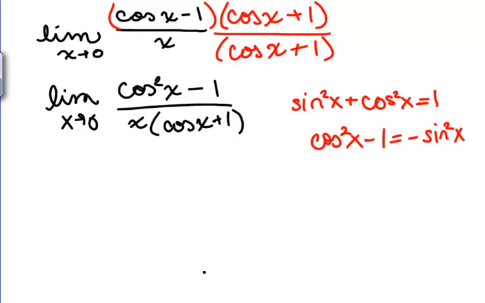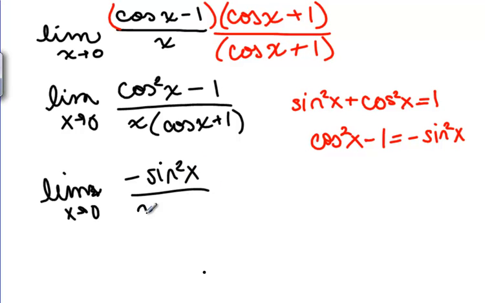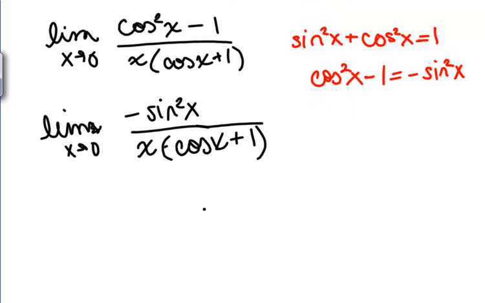So we can rewrite our limit as the limit as x goes to 0 of negative sine squared x over x times cosine of x plus 1. Now we look at this and we still are thinking, well, this is giving me 0 over 0. It is. But now we can use the limit that we just convinced ourselves was 1, sine of x over x, as x goes to 0.